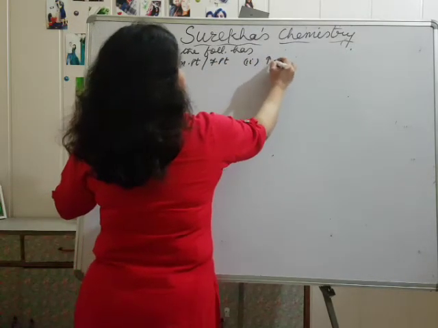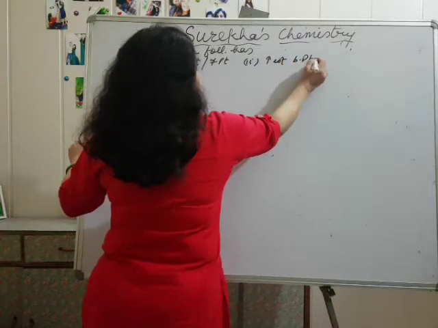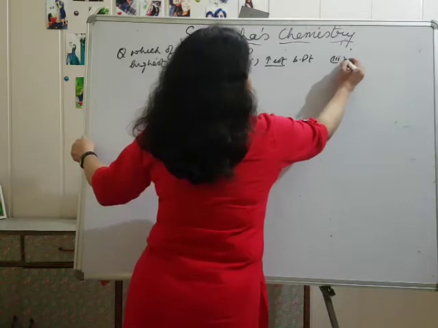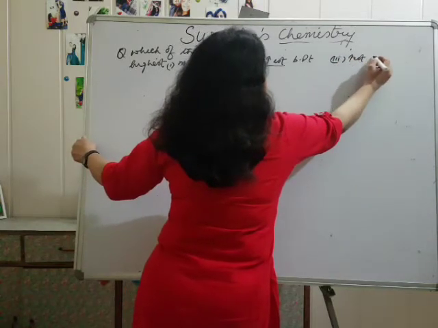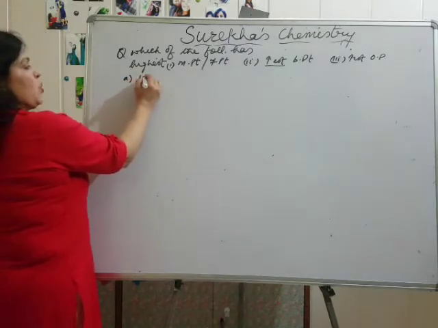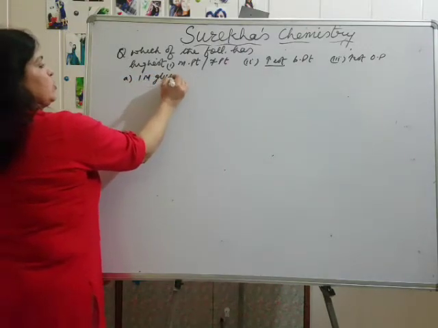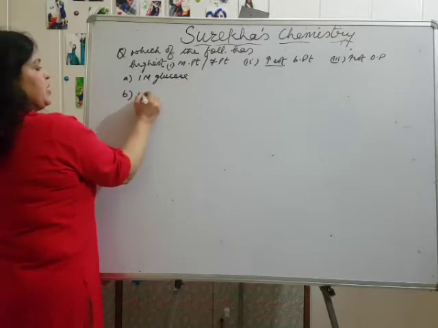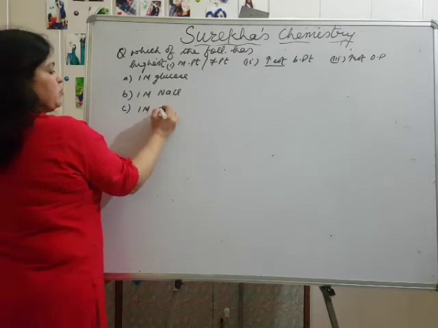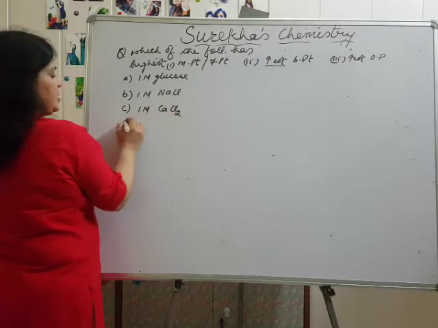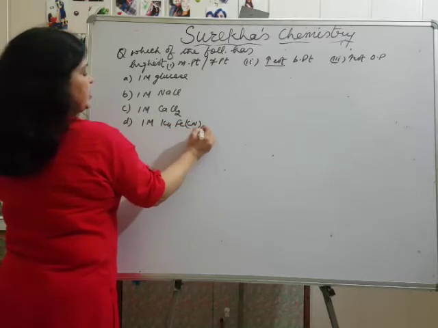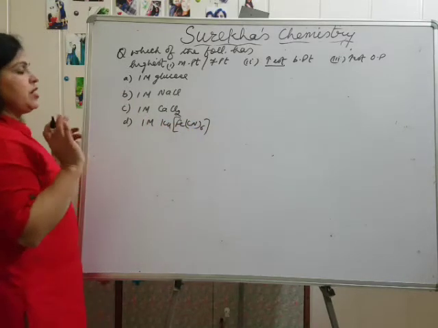Highest boiling point, ये हमारा highest है shortcut, और third one is highest osmotic pressure. Okay, first is 1 molar glucose, B 1 molar NaCl, C 1 molar CaCl2, D 1 molar K4Fe(CN)6, this potassium ferrocyanide.